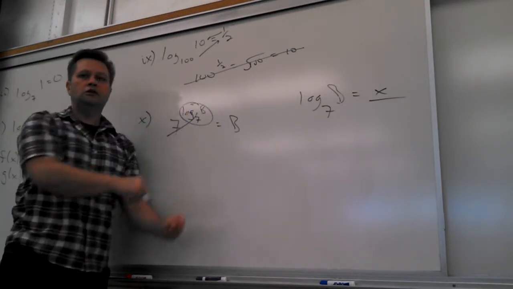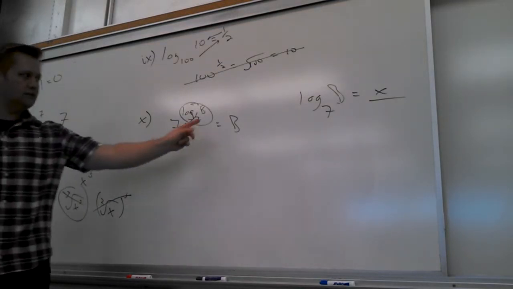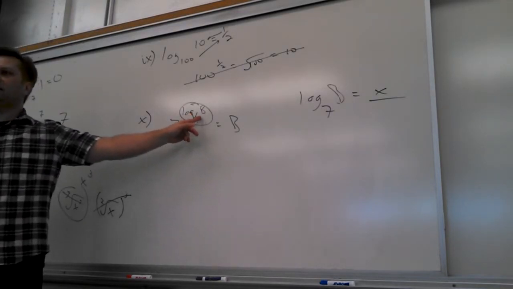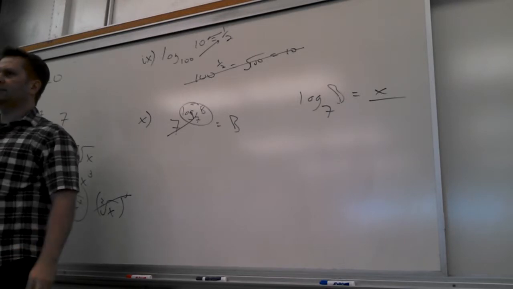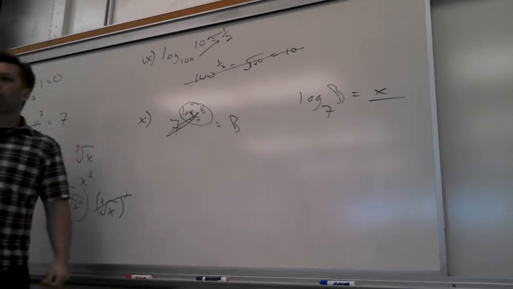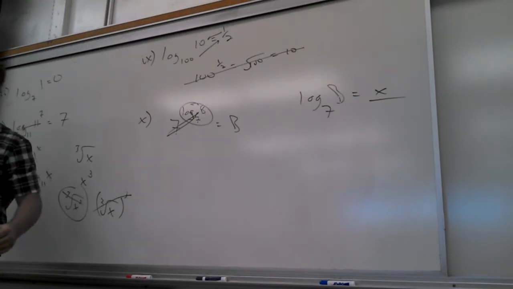That's what its whole life is about, to make 7 become b. If you don't like that way, that's fine, but you get just b. Because they're opposite functions, kill them. Either way.